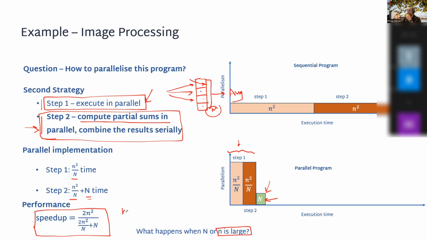So what happens if n goes to infinity? You just need to compute the limit of this equation, right? In this case, what would be the speedup?